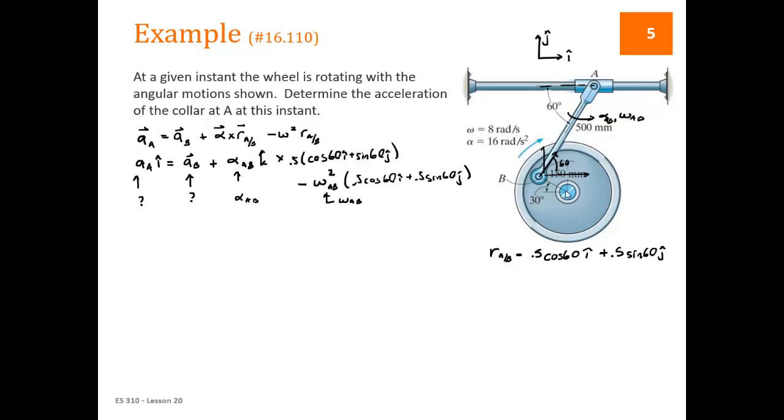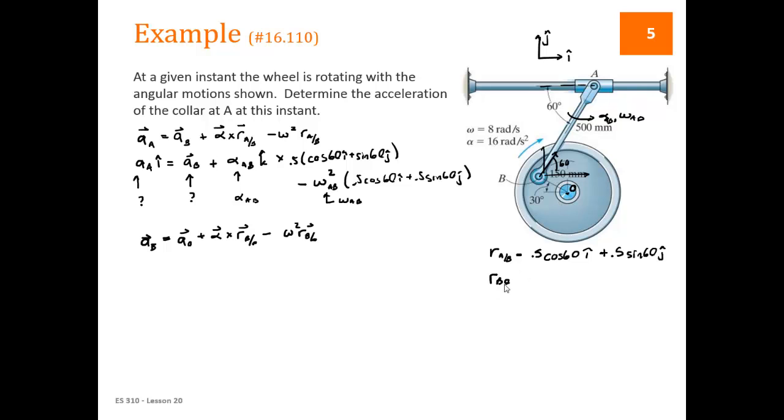So point B relative to the center point, which I'm going to call point O, which is fixed. So that's going to help. It has a zero velocity. So let's write that out. The acceleration of B is equal to the acceleration of O plus alpha crossed with R_BO minus omega squared R_BO. All right, so R_BO is this distance.